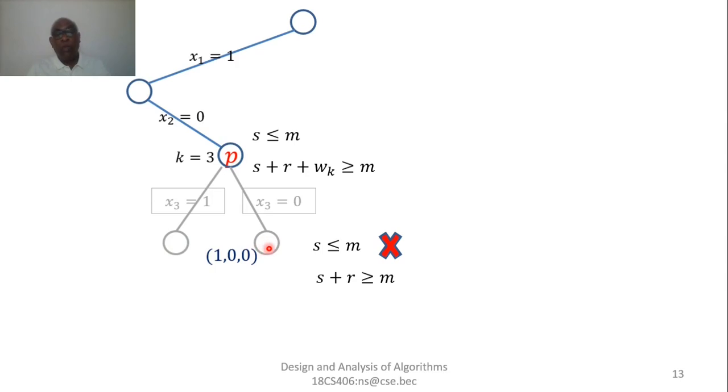At the node defined by xk equal to 0, you need to check whether S plus R is greater than or equal to m. If the bounding function is satisfied, you will make it an E-node and explore further in the state space tree. If the bounding function is not satisfied, we kill those nodes and either we look at the next alternative value of xk, or we backtrack and then explore the remaining part of the state space tree.